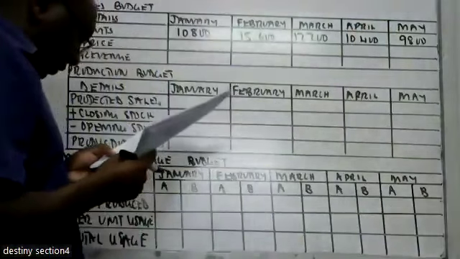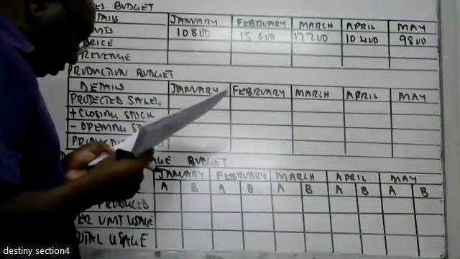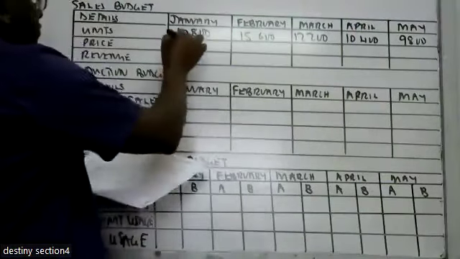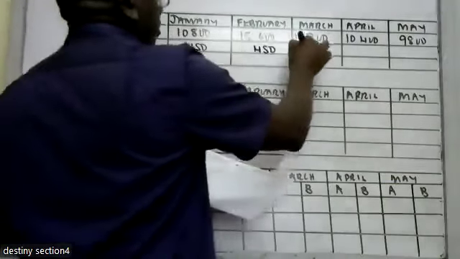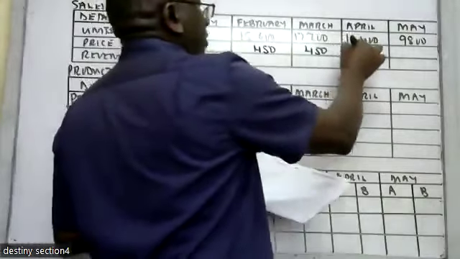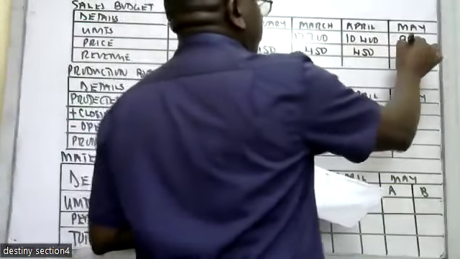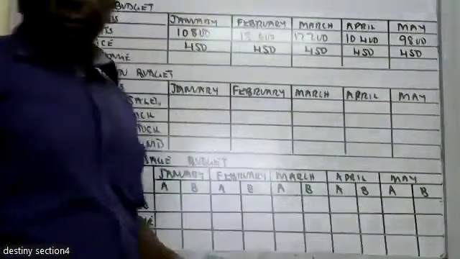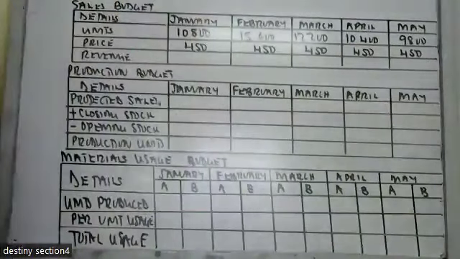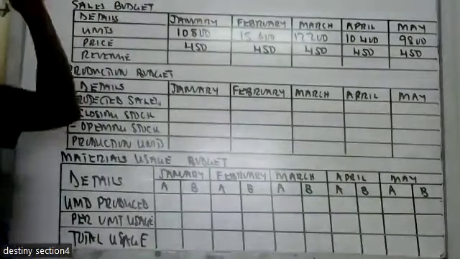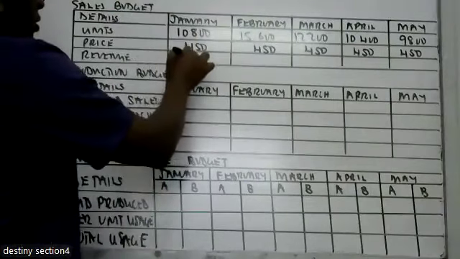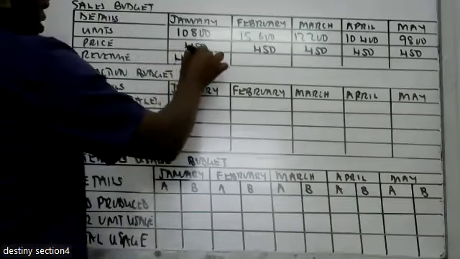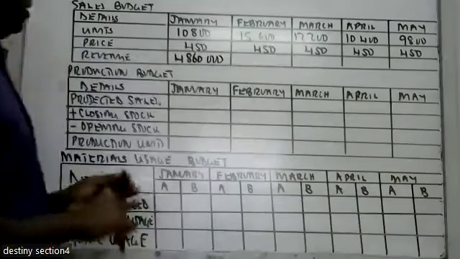Selling price tumeambiwa ni 450, so weka 450 hapa. 450, 450, 450, 450. So just multiply. Kama hii ya kwanza itakuwa ngapi? 4,860,000. So multiply and record the others.